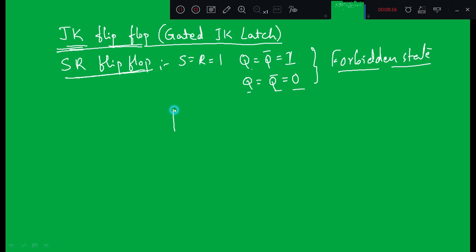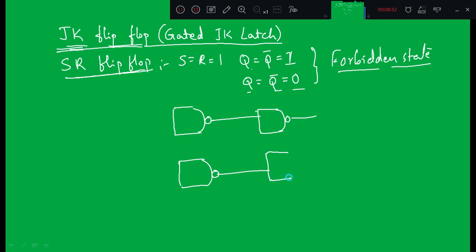For the D flip flop, T flip flop and JK flip flop, the circuit remains the same. Only a little modification is needed to get the other flip flops, right? The same circuit we used for the D flip flop, and in between S and R we connected one inverter, right? So here we will see what modification takes place now.